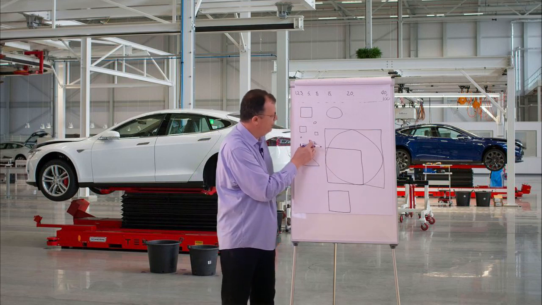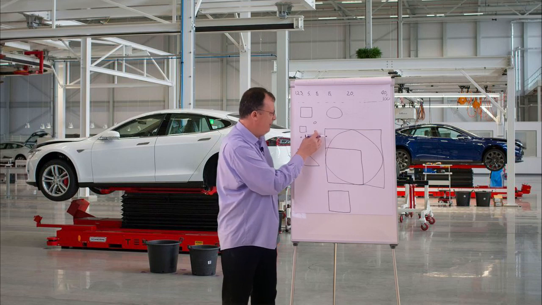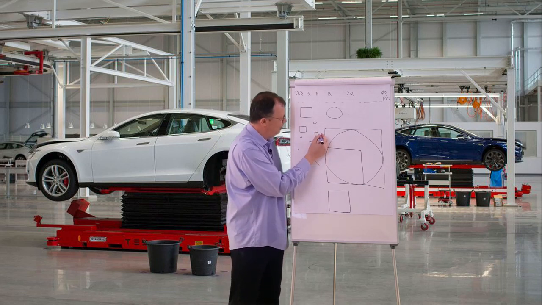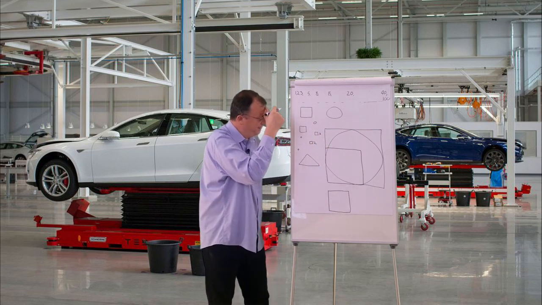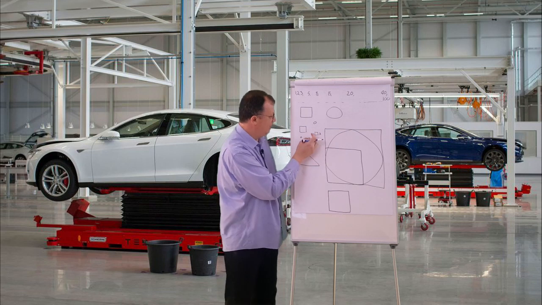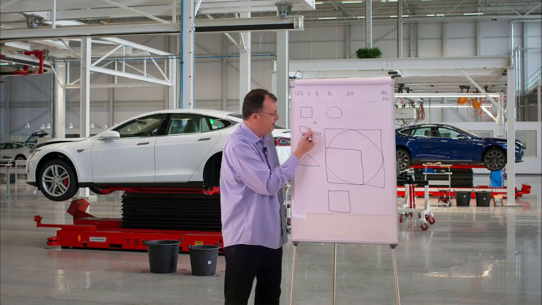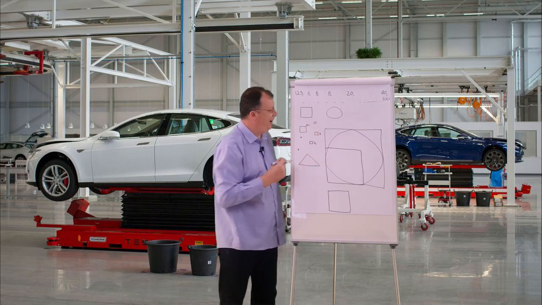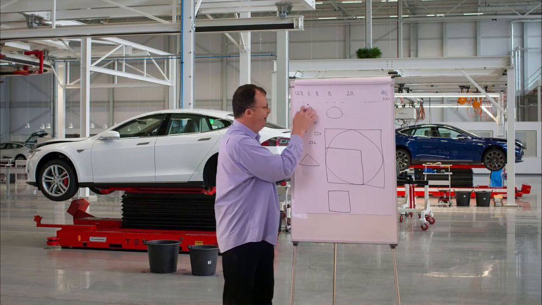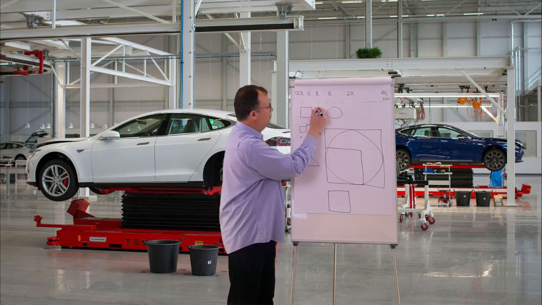So if this one is a 2, this one might be a 3. It seems to be a little bit larger. Not much, but a bit larger, so maybe it's a 3. And this one seems to be quite a bit larger than that one. So if that's a 3, maybe this is roughly a 5. And if this is roughly a 5, then that is probably going to be an 8.